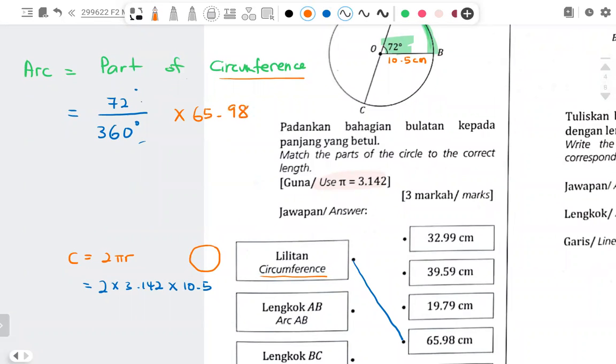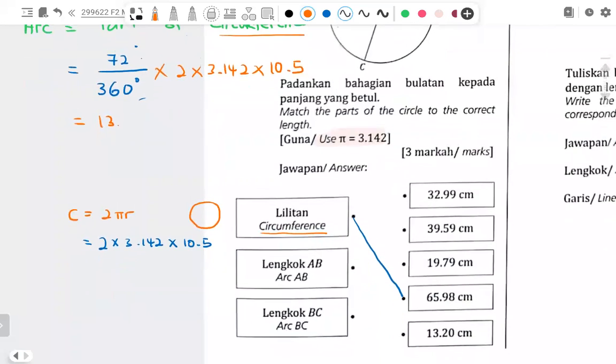If you want to substitute with the formula, it will be 72 over 360 times 2 pi r. So the answer is 13.1964, and when rounded off it becomes 13.20.